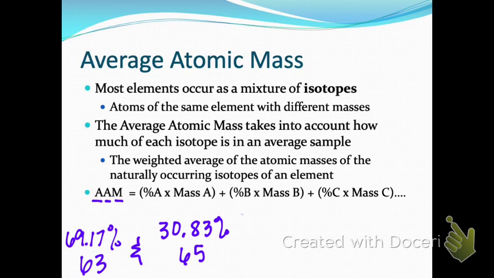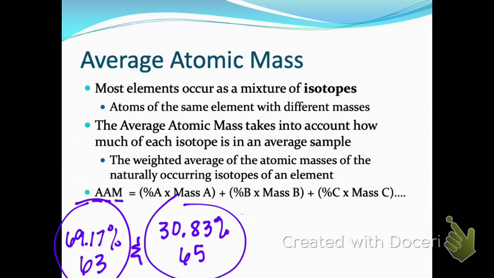So I've got 2 isotopes here. If I pulled out 100 of those atoms, 69 of them would have a mass of 63, and 31 of them would have a mass of 65. Does that make sense how that works? If I pulled 100 of these unknown atoms, that's what would happen.